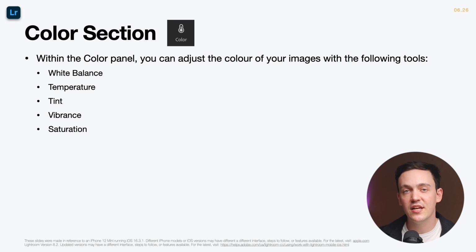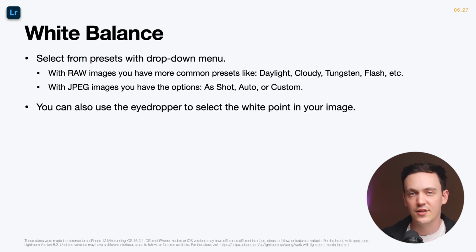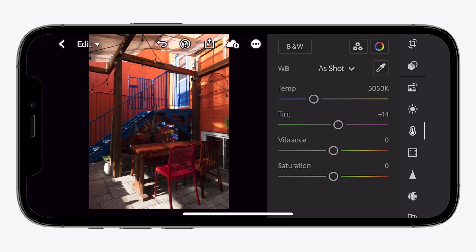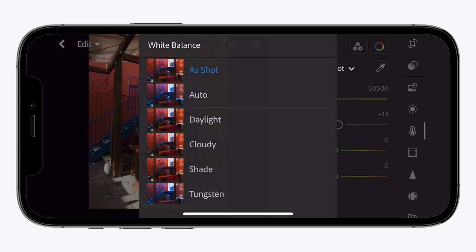The next section within Lightroom is the color section. This section has tools that are part of the white balance, color correction, and color grading editing processes. The first tool in the color section is the white balance tool. By tapping on the drop-down menu where it says as shot, you open up some options to change your white balance.